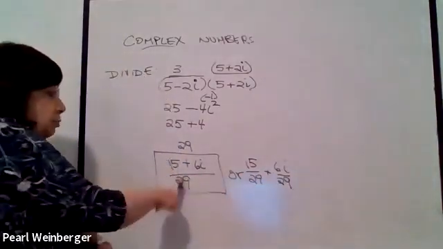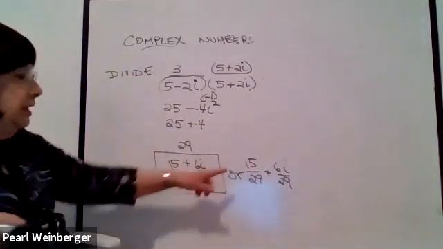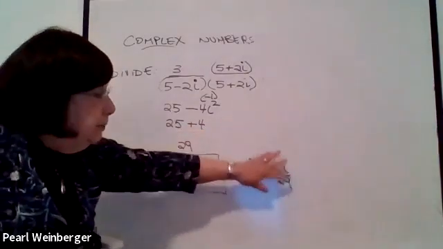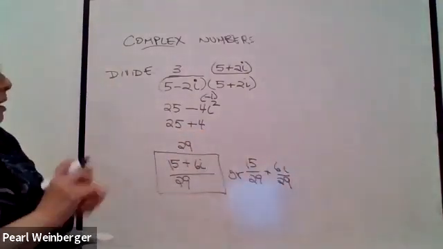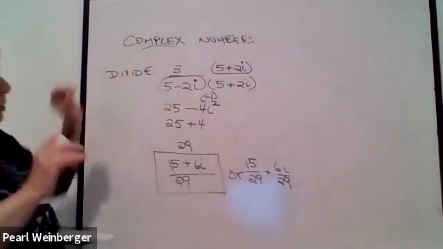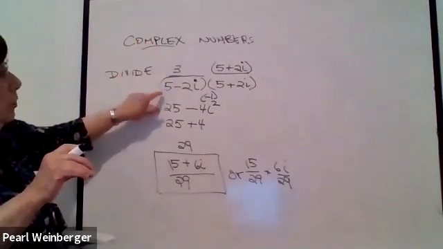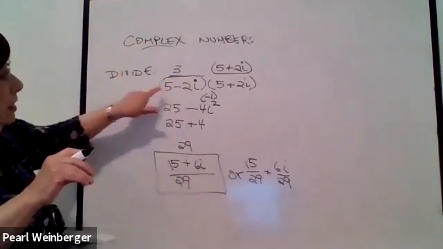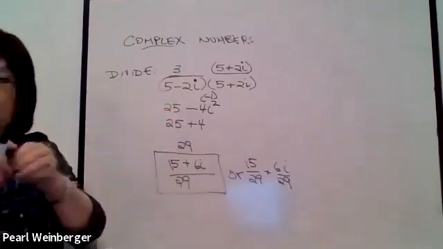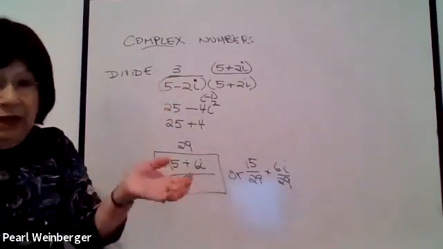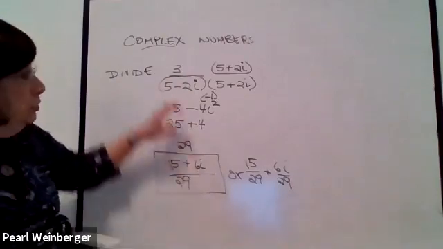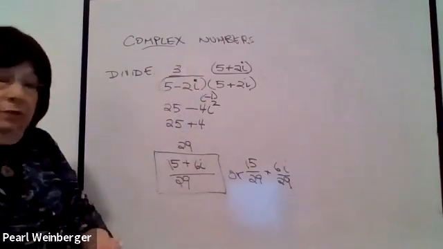You just put each one of them separately over 29. Very often the answer is given this way because this looks more like a plus bi. But actually, either one of these answers is correct. And you do that whenever you have a binomial in your denominator that has either a square root or an i, which is really a square root of -1. And we just multiply by the conjugate.